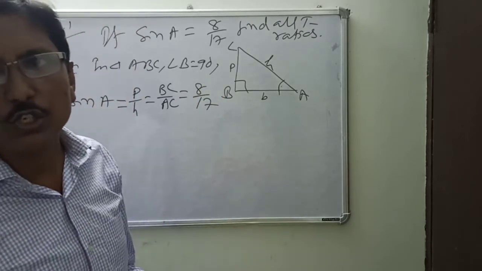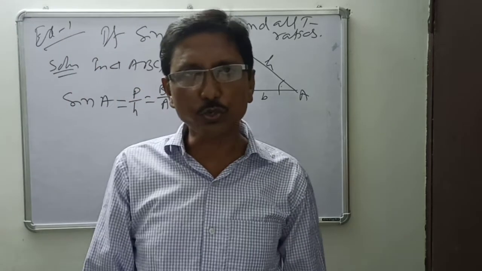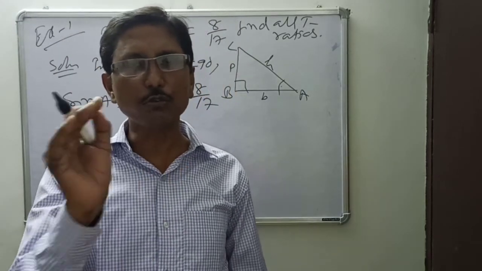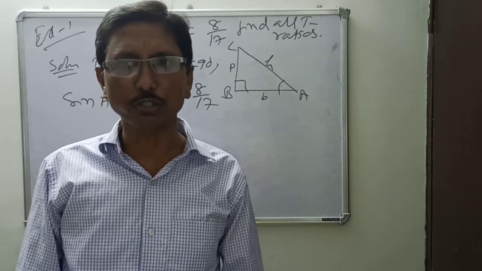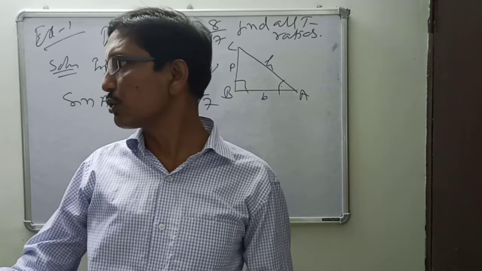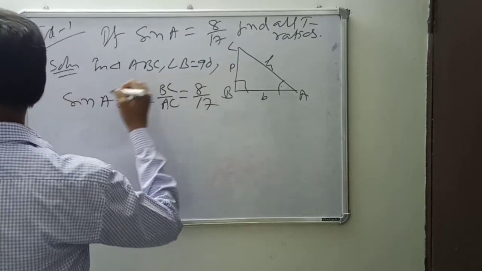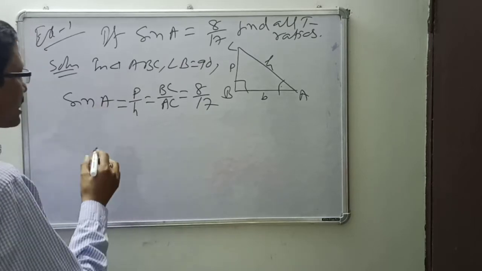So from any ratio, already in junior classes you have got A is to B is to C equal to 2 is to 3 is to 4. Then we don't say A equal to 2, B equal to 3, C equal to 4. What do we say? A equal to 2x, B equal to 3x, C equal to 4x, like that. So in that respect, from a ratio you have to multiply by some constant.